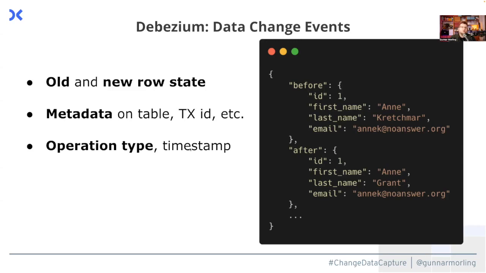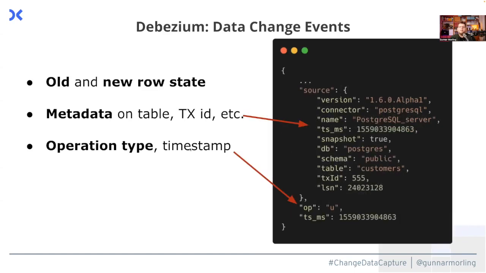So for each column, essentially, there will be a field by default. And then there's all kinds of metadata, like what's the table where this event is coming from, the database, maybe the transaction ID, the position in the transaction log, maybe even the query which caused the change. For instance, we can capture that in the case of MySQL. So all sorts of metadata. And then, of course, also things like a timestamp, a type discriminator, all this kind of stuff, so you can process this event in a meaningful way.